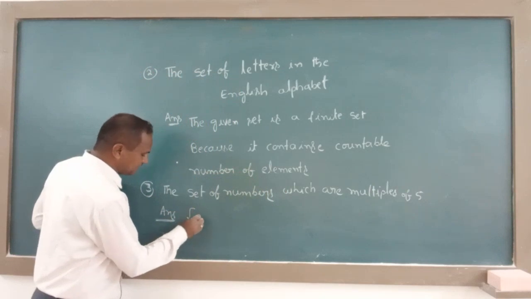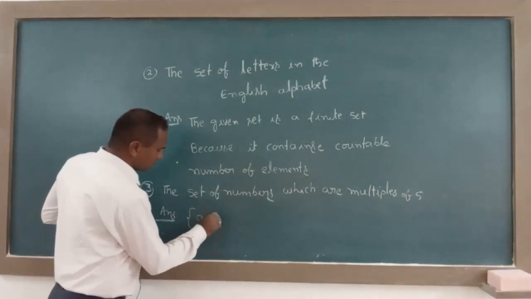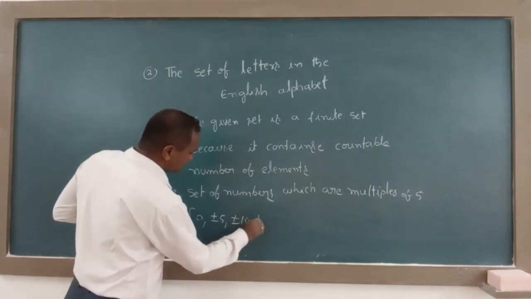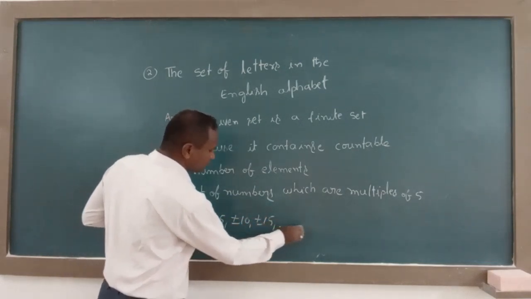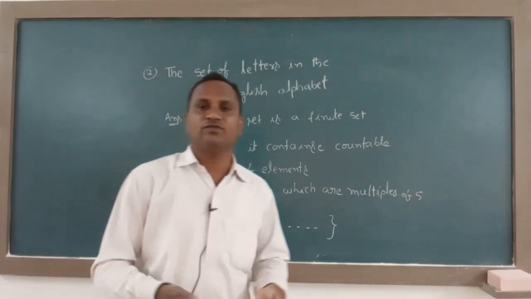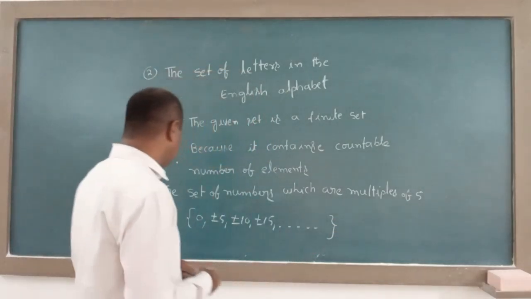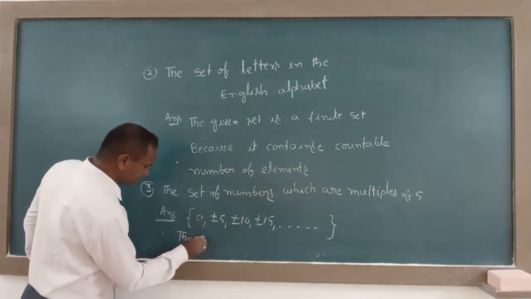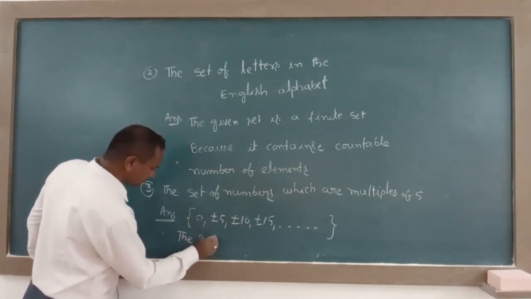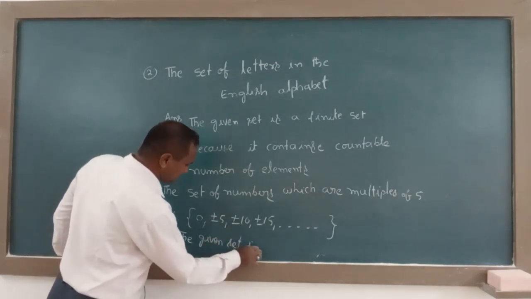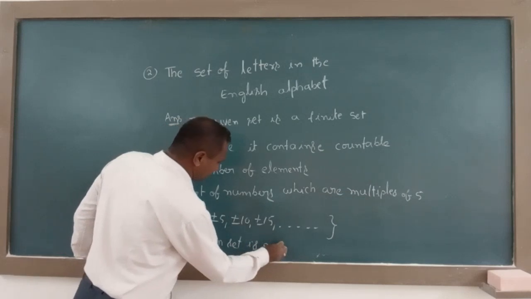The set elements are like this: 0, plus or minus 5, plus or minus 10, plus or minus 15, and so on. That's why the given set is an infinite set.